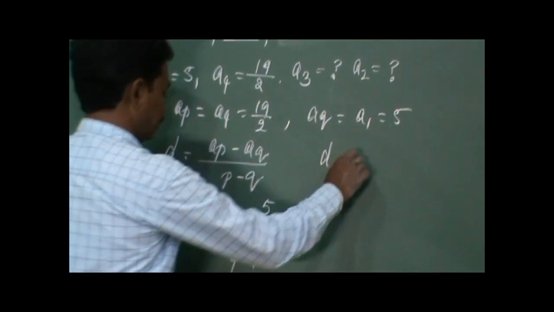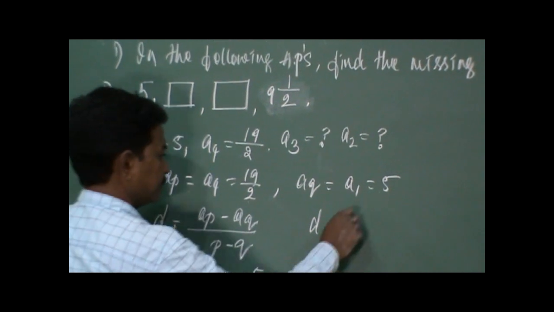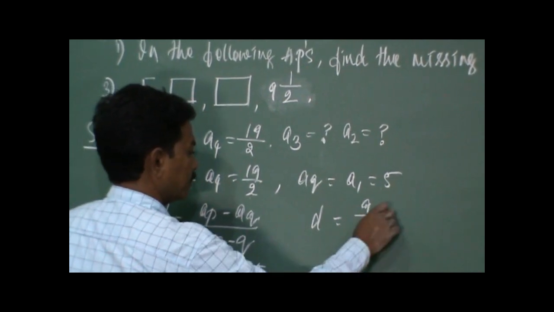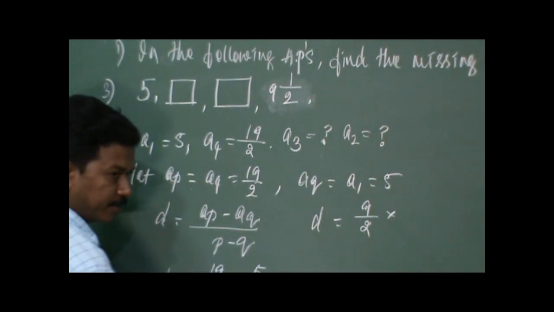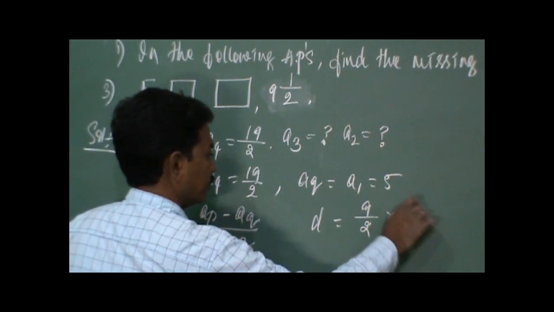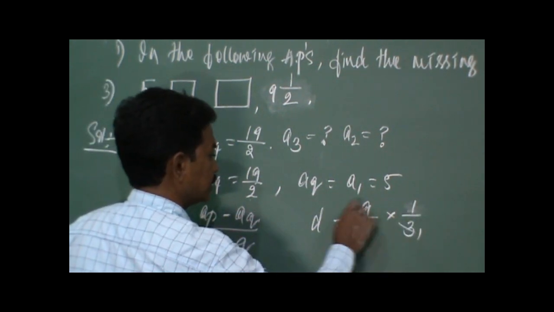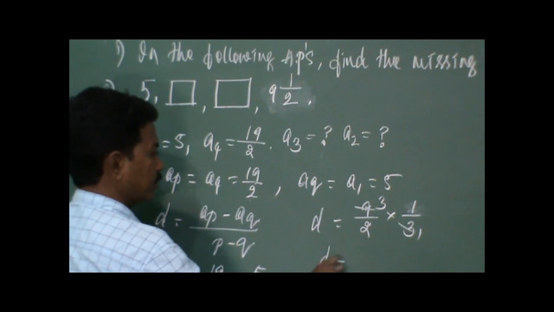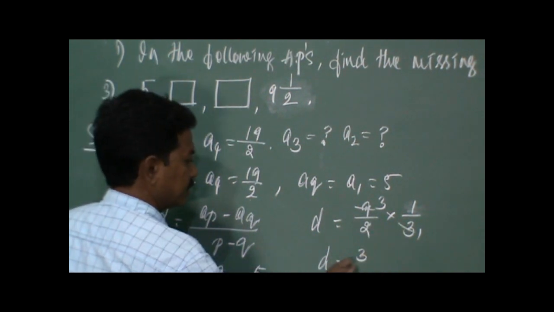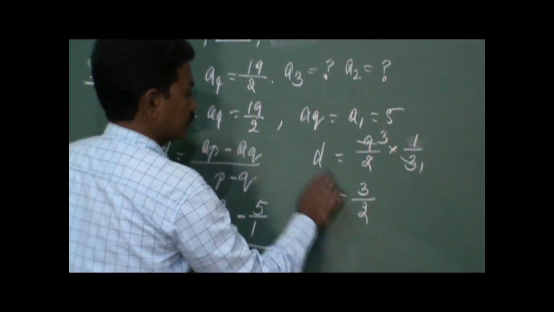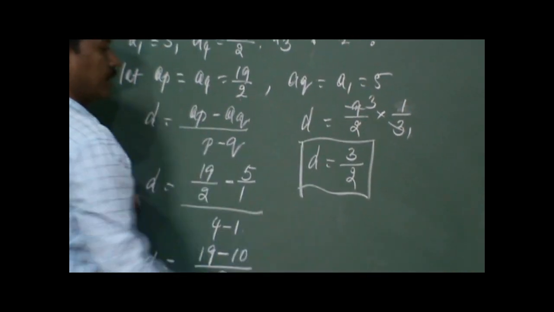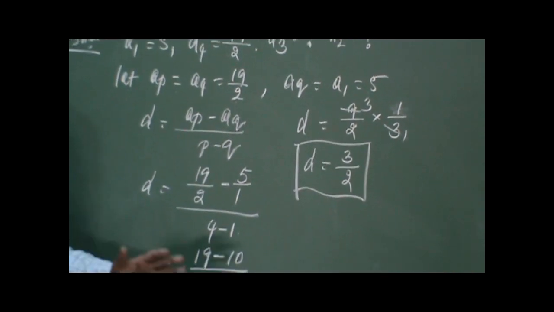So D is equal to 19 minus 10 is 9 by 2, into the reciprocal of 3 by 1, that becomes 1 by 3. 3 ones are 3, 3 threes are 9. So D is equal to 3 into 1 is 3, 2 into 1 is 2. So D is equal to 3 by 2. So this is the value of D.